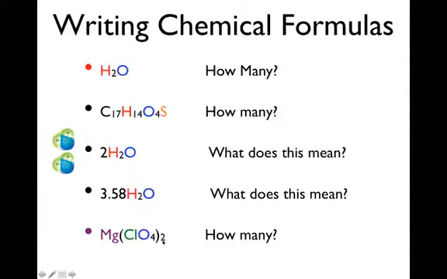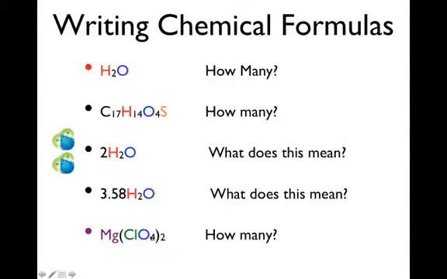But the 2 outside means that there's 2 sets of everything inside, so there are actually 2 chlorines in this molecule. And then finally, how many oxygens in this molecule? Again, 4 oxygens inside the parentheses. The 2 means 2 sets of those 4 oxygens, which means 8 oxygens total in this molecule.